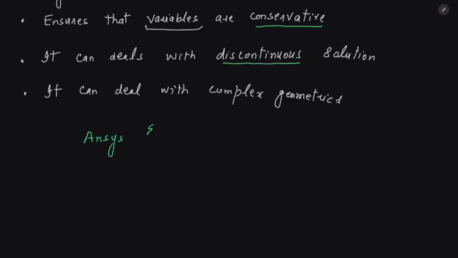In ANSYS, in the background, the numerical method used is finite volume method. Since when we have different, complex geometries, in which finite difference method is not very easy to handle, then we can apply finite volume method. And that's the reason the ANSYS people actually used finite volume method in this software.